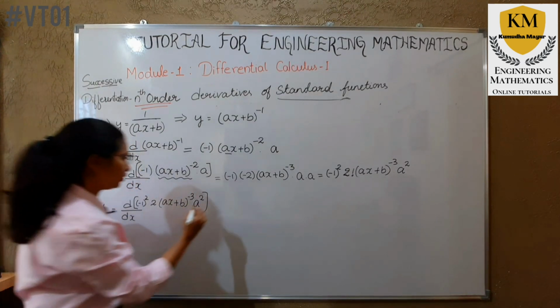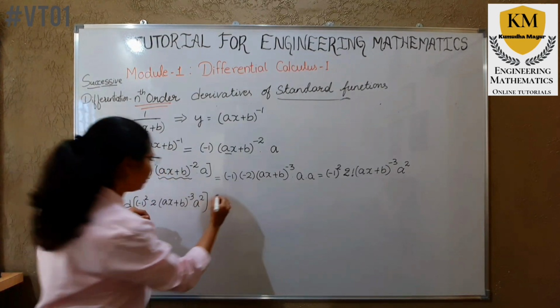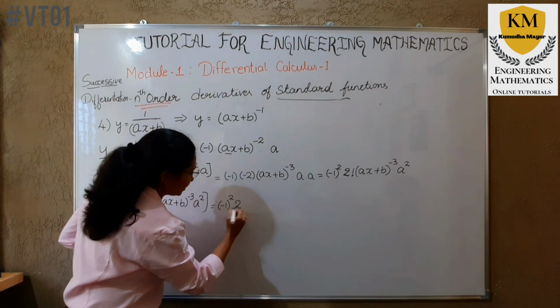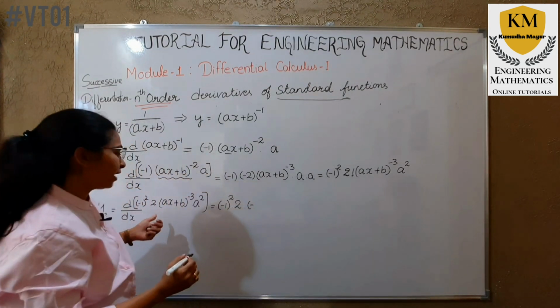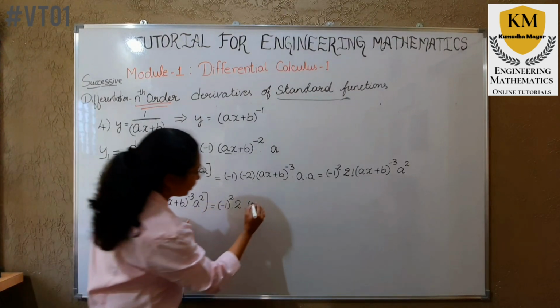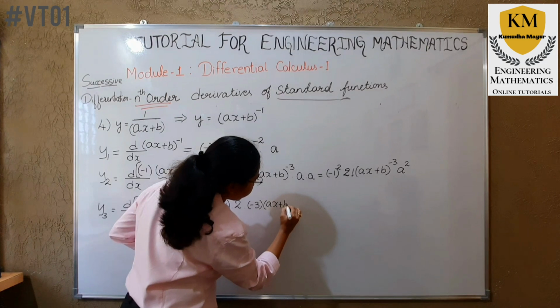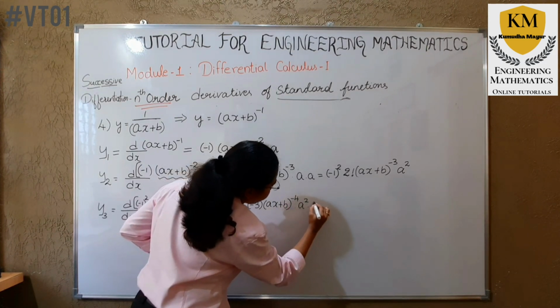Yes, dear students, now this minus 1 whole square is a constant. I'll write as it is. And as well as 2 also I'll write as it is. And when you differentiate (ax plus b) to the power minus 3, you will get minus 3 into (ax plus b) to the power minus 4 into a square into a.